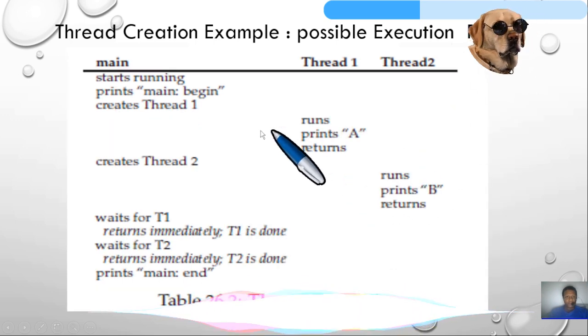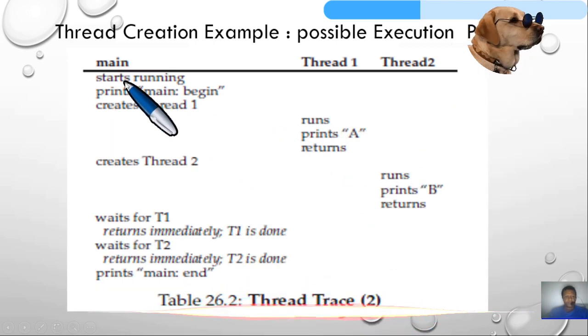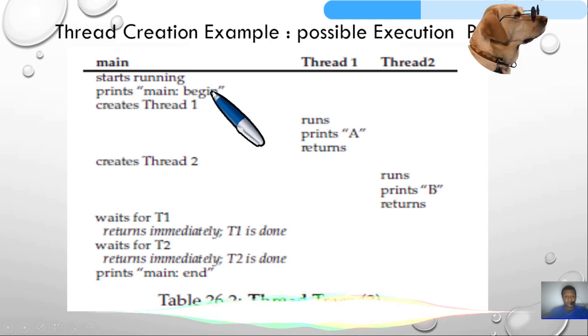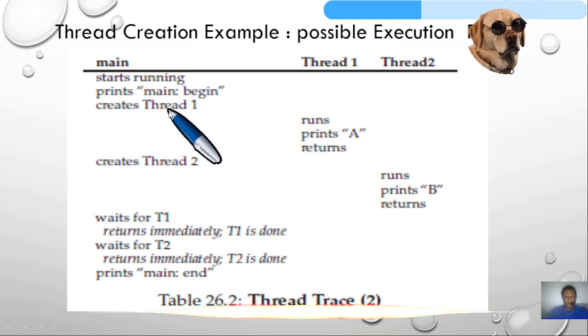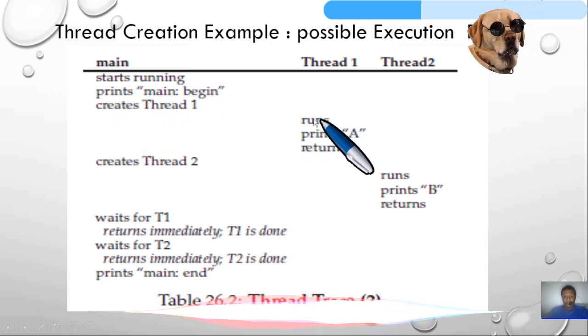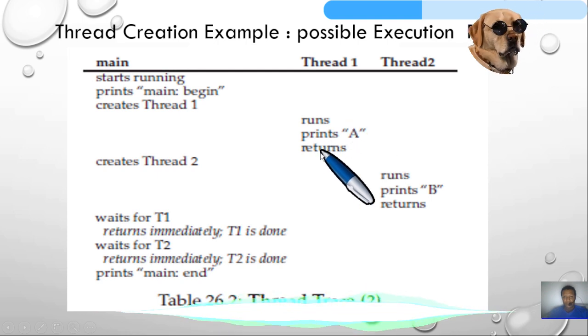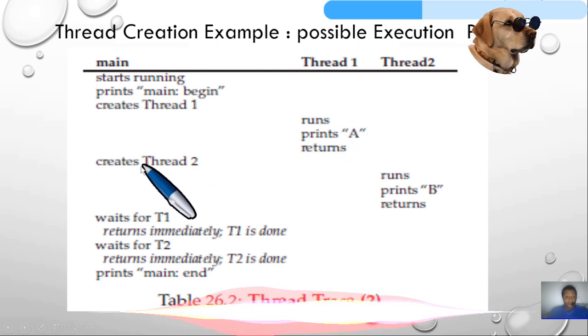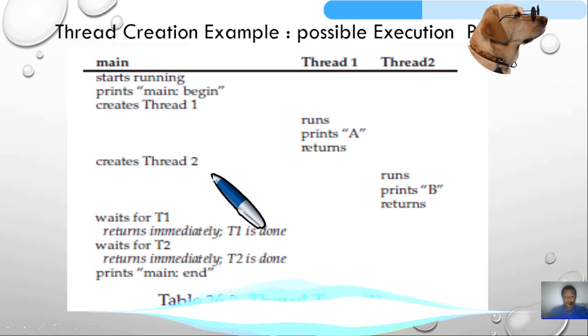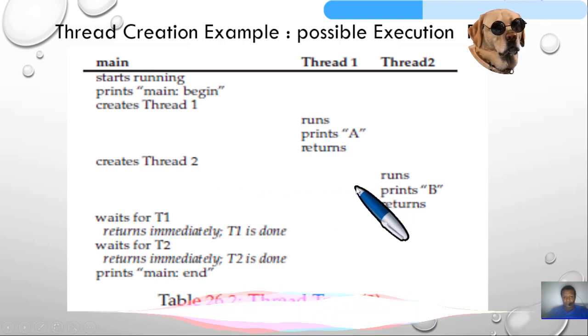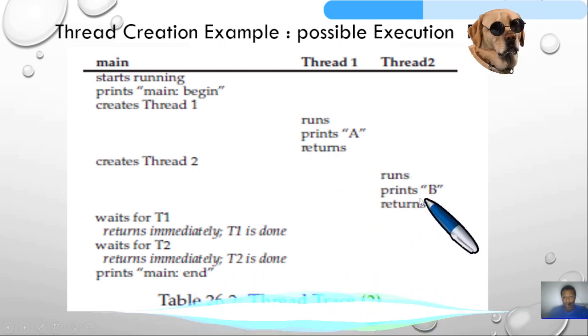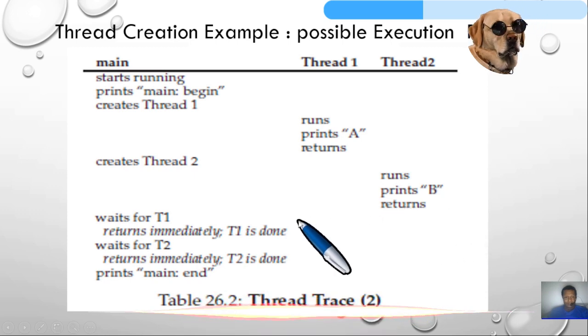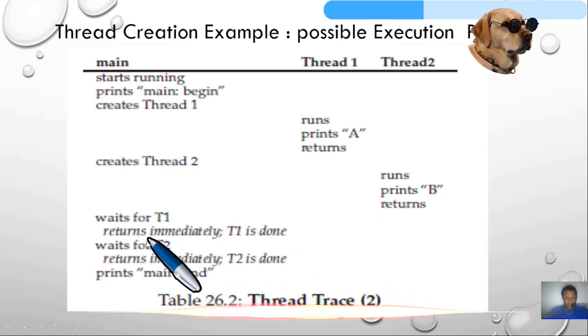The second possible path could be: start running, print main, then create thread 1, then run, print A and return, then it automatically creates thread 2. Then it runs and prints B. After that, wait for T1.